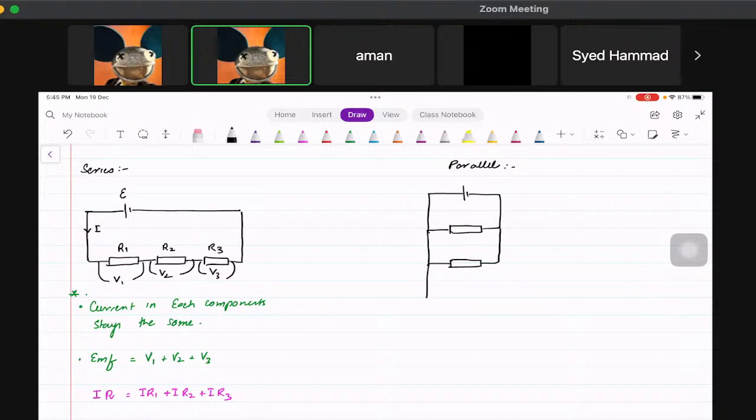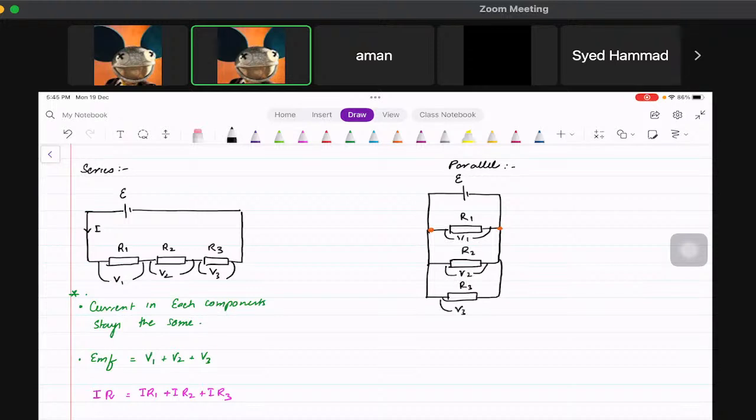When I say branch, a branch means a point from here till here where the connection is. So if this is the EMF, this is R1, R2, R3, this is V1, V2, V3.